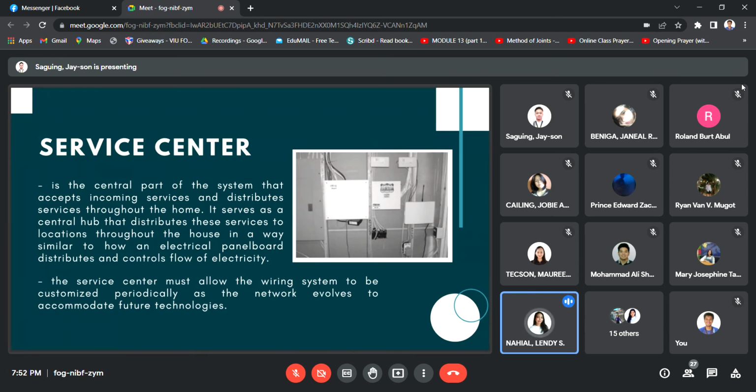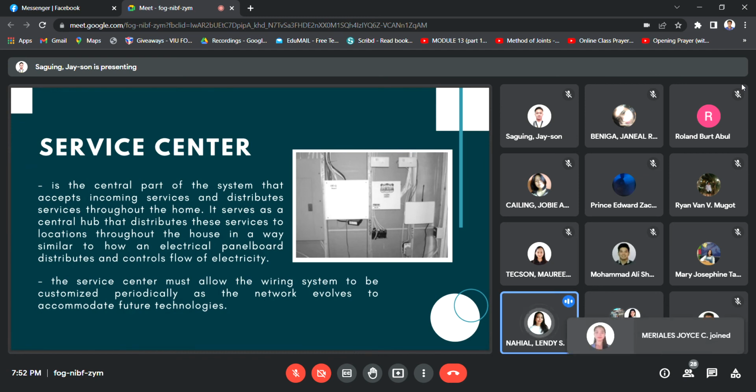Here it handles all kinds of external communication services entering our residence, including cable TV, telephone, digital satellite transmission, and internet service. It serves as a central hub that distributes these services to locations throughout the house in a way similar to how an electrical panel board distributes and controls the flow of electricity.